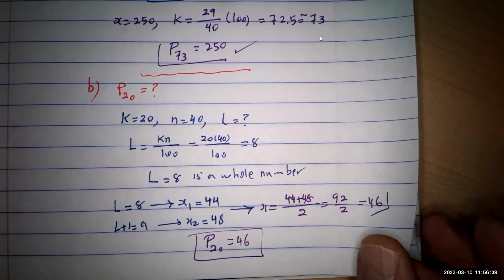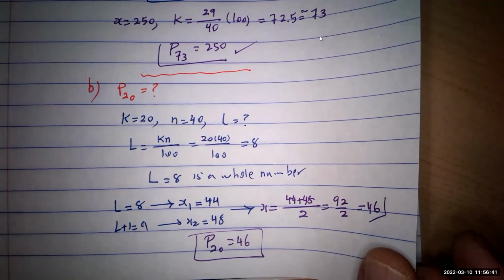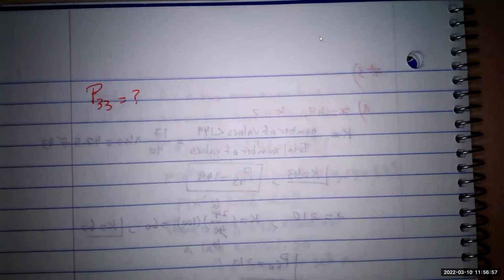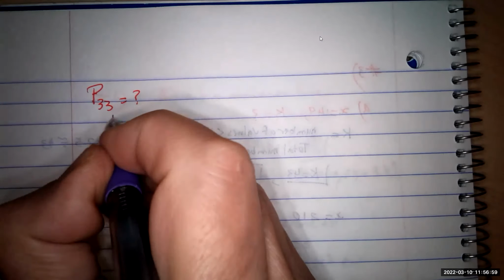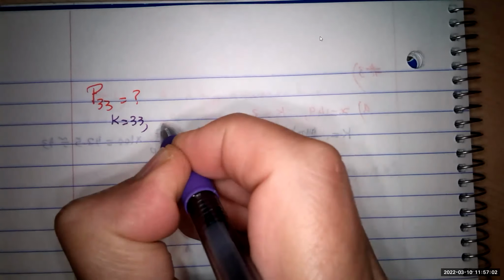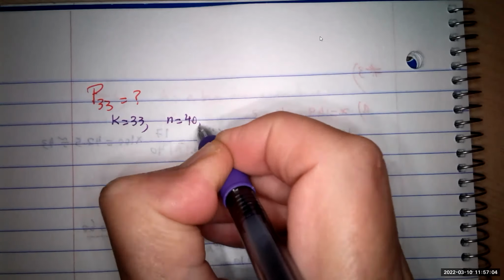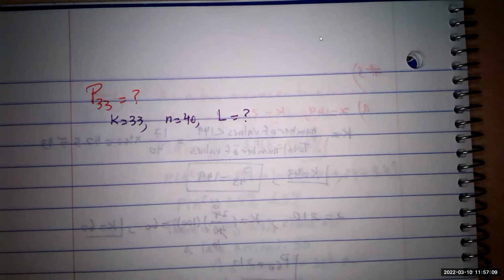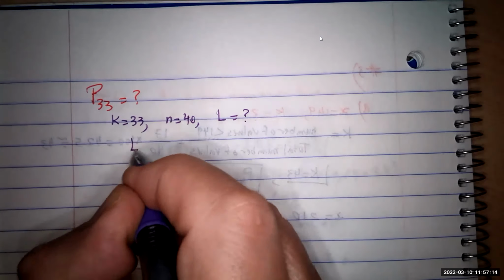Let's get one more which is not going to be a whole number. The next one is P33. What value corresponds to the 33rd percentile? So P33. Again, what we have here is K, the ranking, is 33, the total number is 40, and you have to pick the location number, L. So the location number is what?